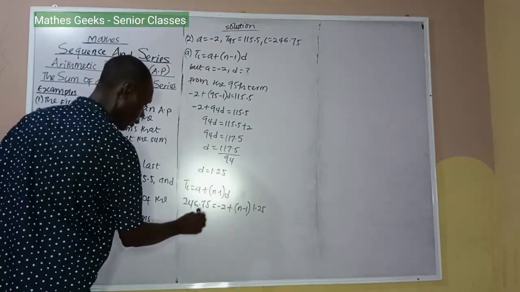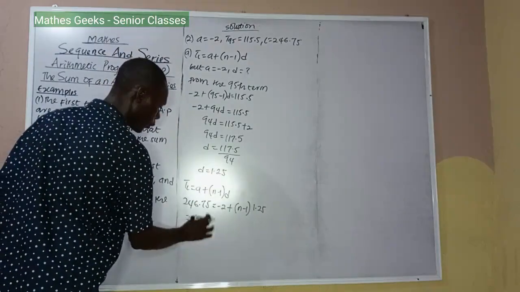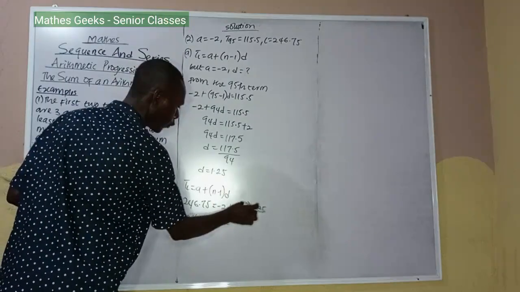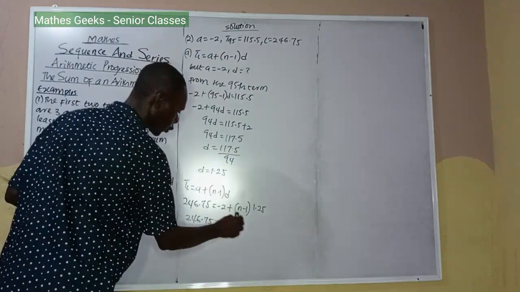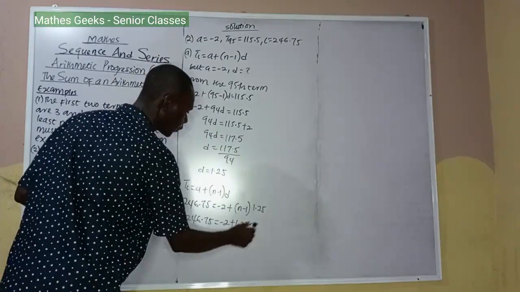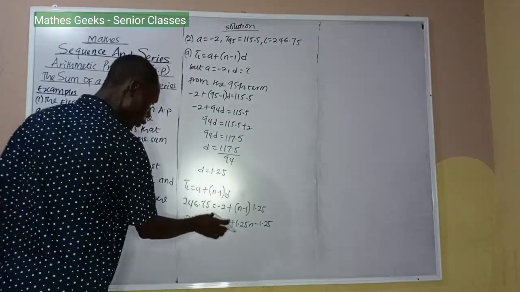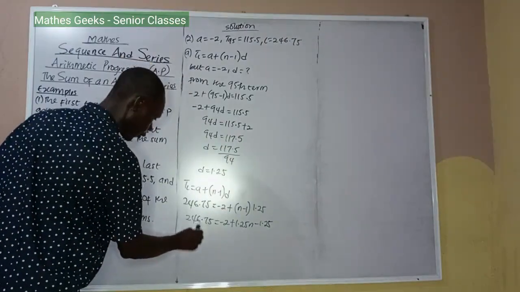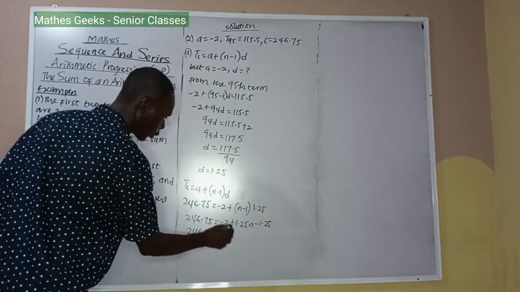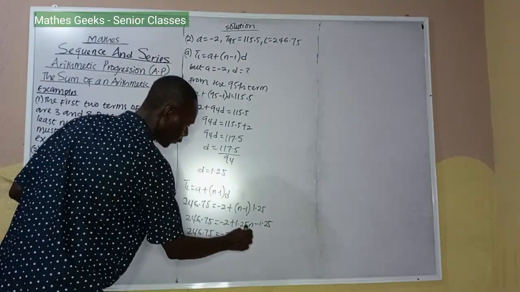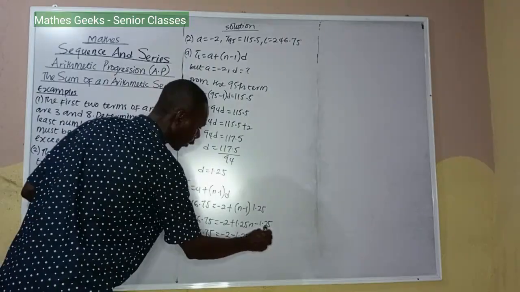So 246.75 is equal to minus 2, plus 1.25 times 1 gives us 1.25n minus 1.25. So 246.75 is equal to minus 2 minus 1.25 plus 1.25n.